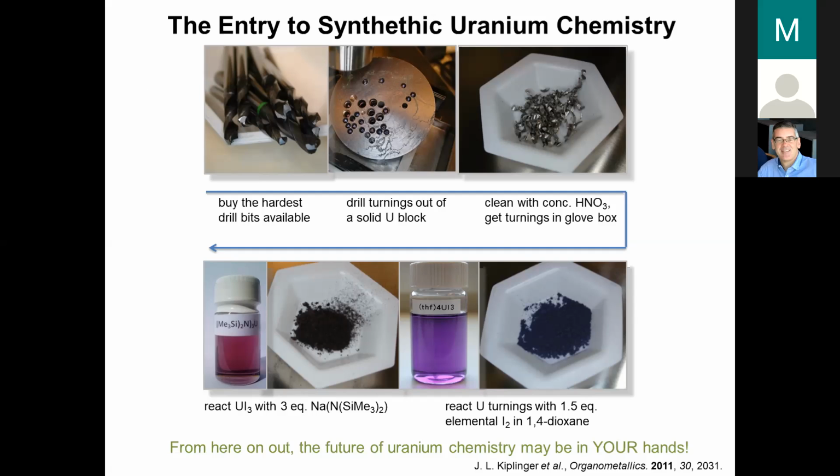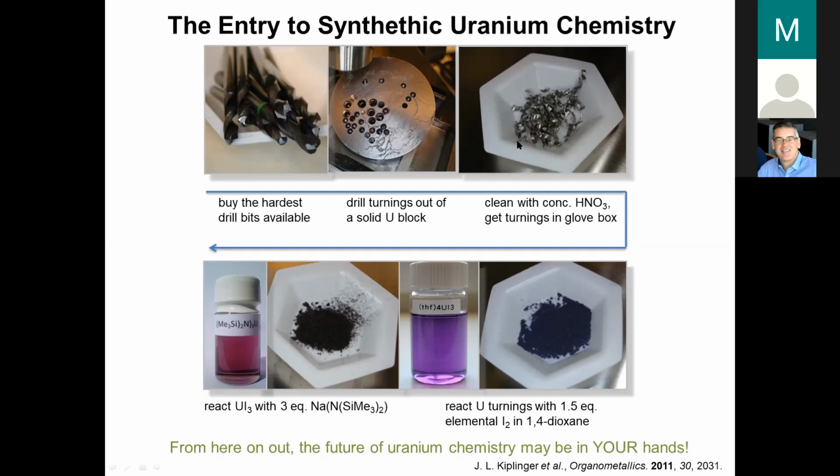So as uranium is no longer sold for most chemical vendors, you typically need to prepare everything from scratch, starting with buying very hard drill bits using a power drill and a solid block of uranium that sometimes, if you ask around, you can get from suppliers for nuclear power plants, or you can get it from national labs potentially.